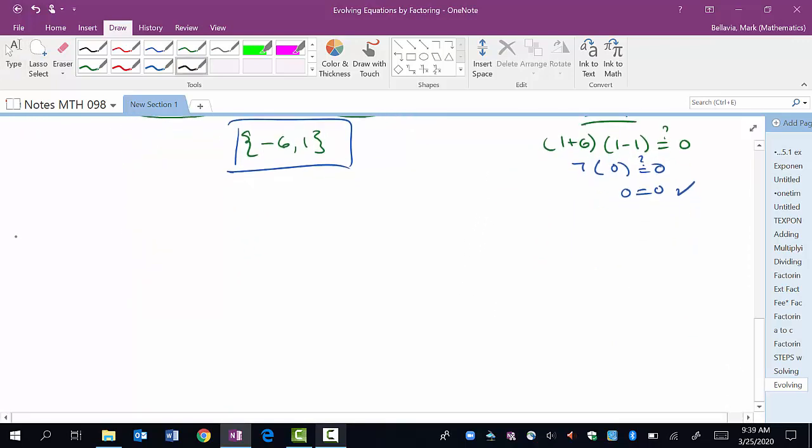So that one was already given to you in a factored form. Let me write out the steps here to solve when you're factoring. All right, so solve by factoring.